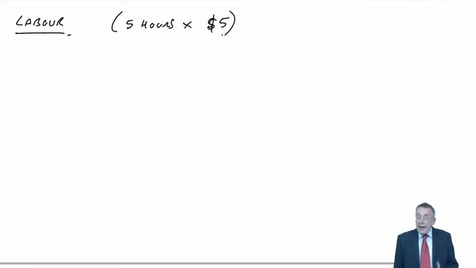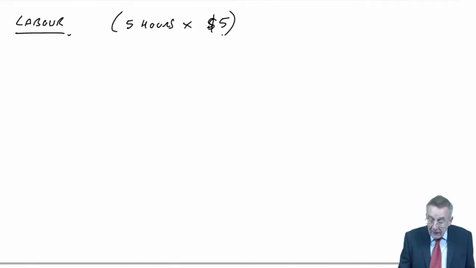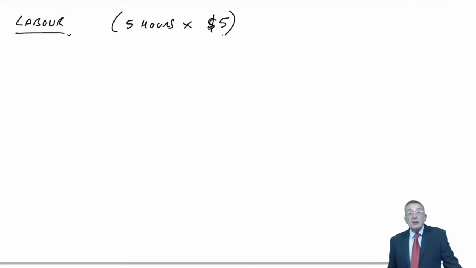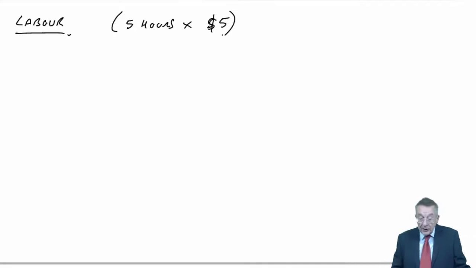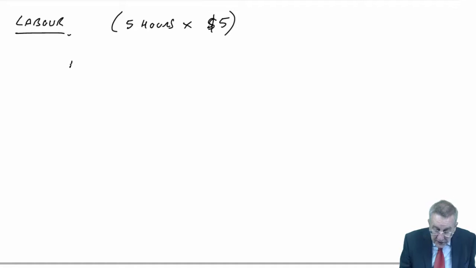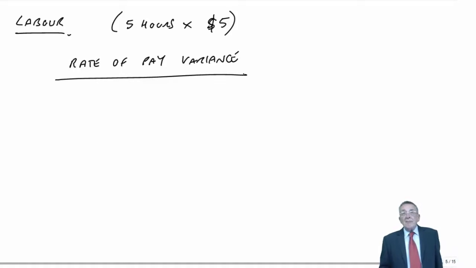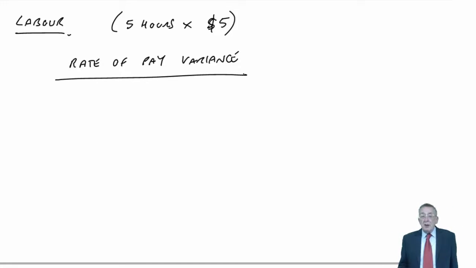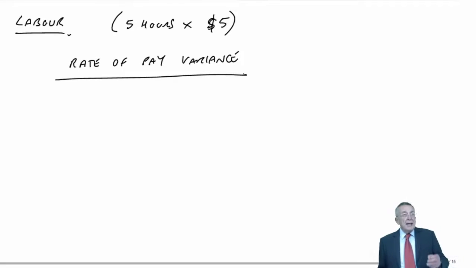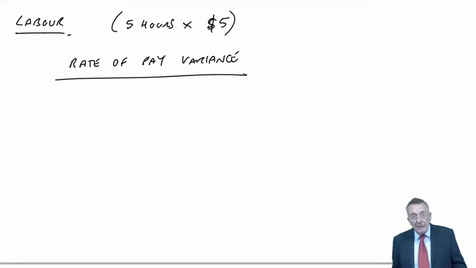As you'll see, I will throw one extra little bit in, which is special for labour. However, let's make a start. First of all, let's check, did we spend $5 per hour or not? And we call this the labour rate of pay variance. And it's a bit like materials in that we say, rightly or wrongly, how many hours did we pay for?